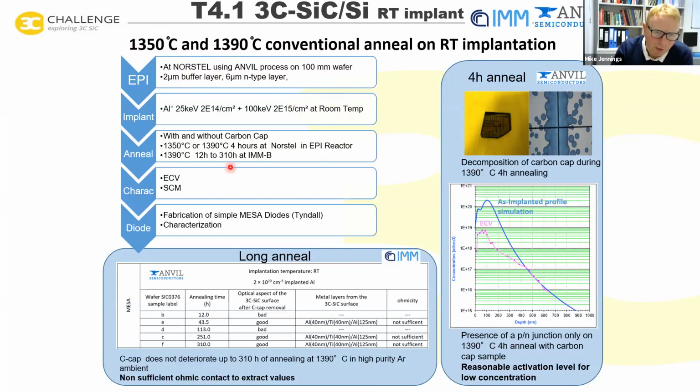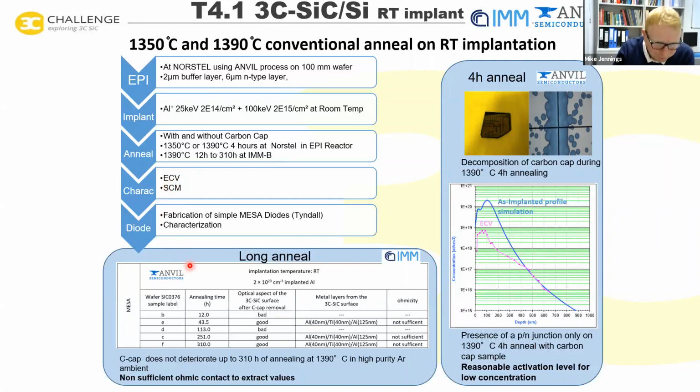What we've done here is implant aluminium at room temperature, and you can read these conditions. These are the conditions of the implantation, and we've characterized those using electrochemical CV, capacitance-voltage measurement, and scanning capacitance microscopy.